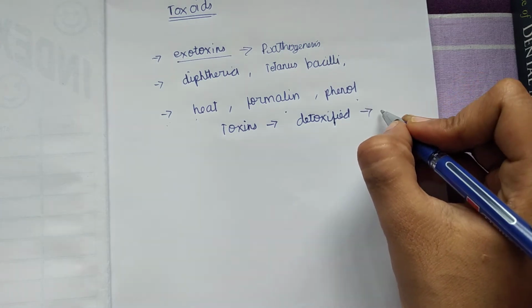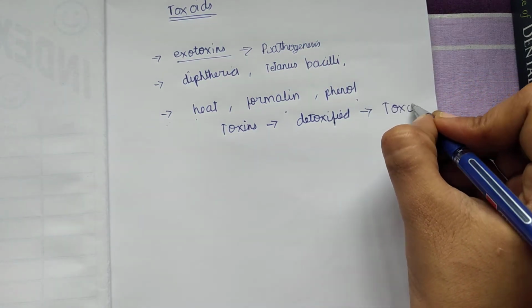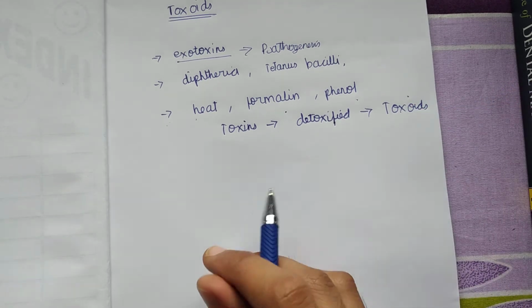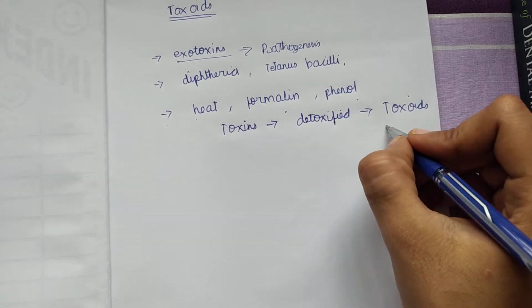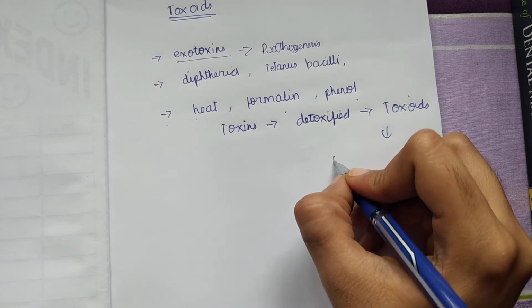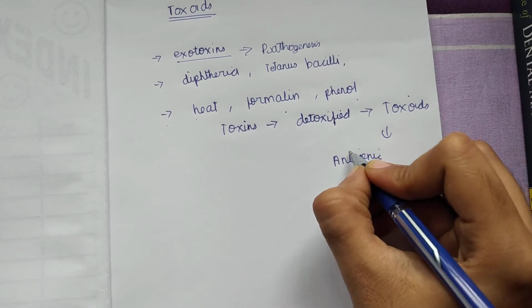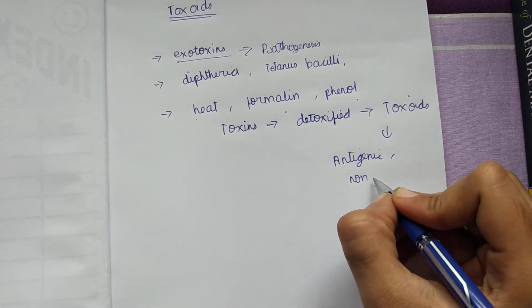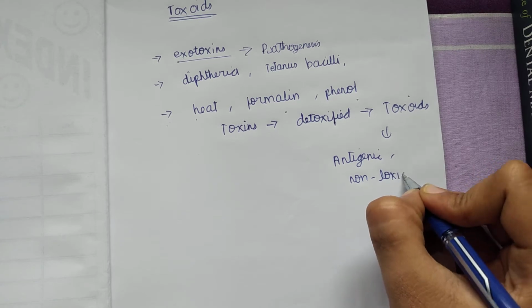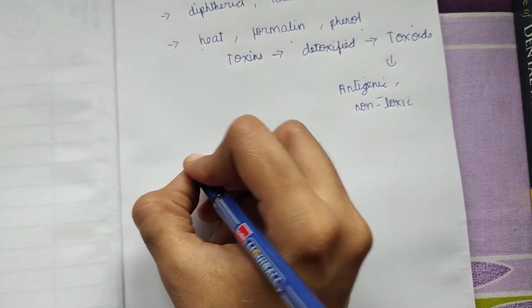This detoxified toxin is known as a toxoid. A toxoid is a non-toxic but antigenic substance.